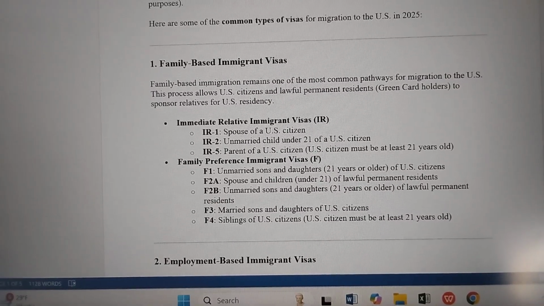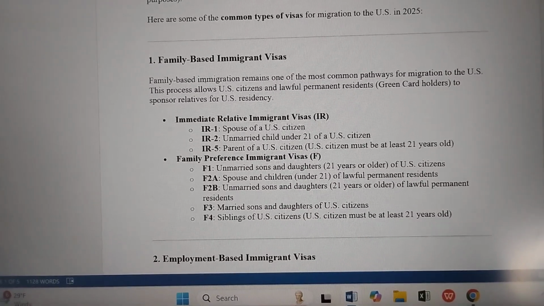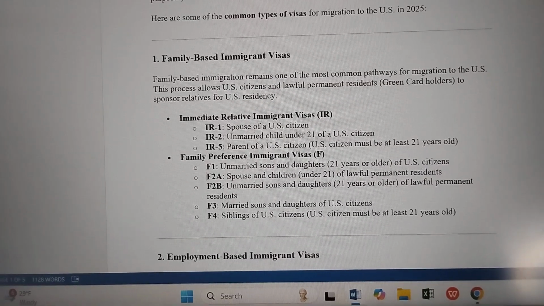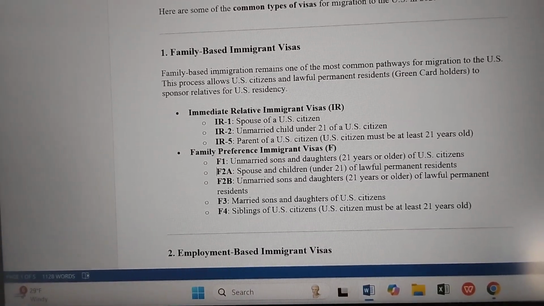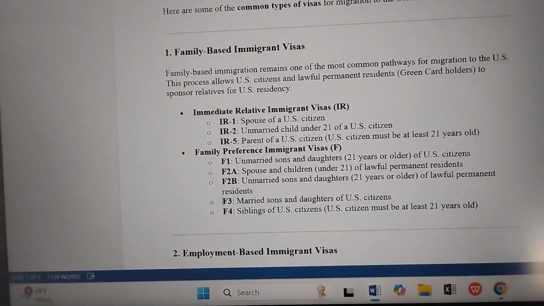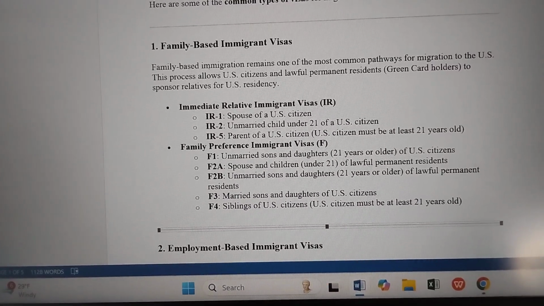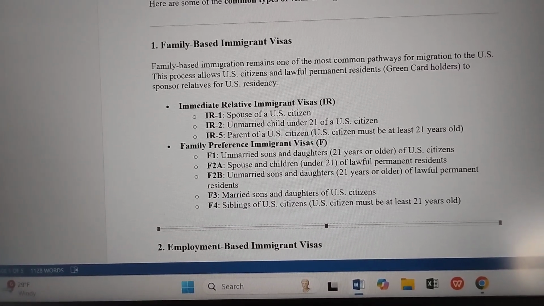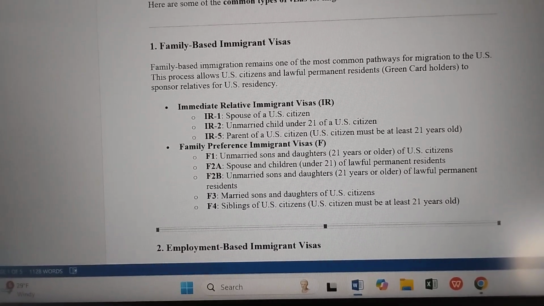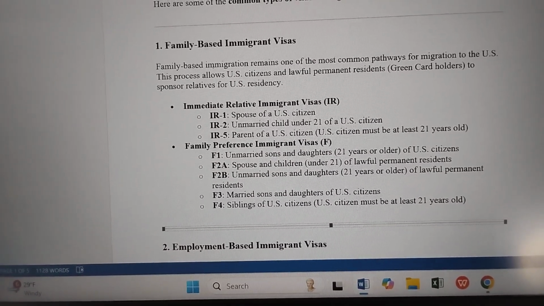IR1, spouse of a U.S. citizen, uses IR1. IR2, unmarried child under 21 years of a U.S. citizen, will come to the U.S. through that particular method. IR5, parent of a U.S. citizen. The U.S. citizen must be at least 21 years old to sponsor their parent.